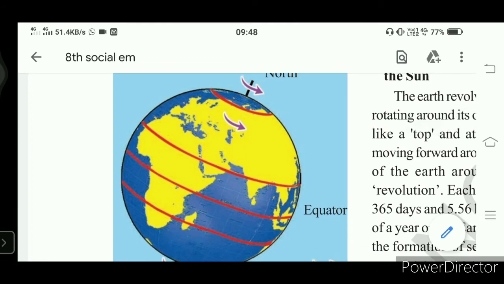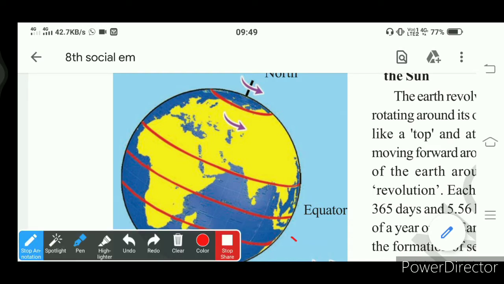The next, we see that as a result of the tilt of the axis, the area which faces the sun directly keeps shifting throughout the year, right? In the previous class we have discussed. Now, at this moment, this is facing the sunlight directly, right?